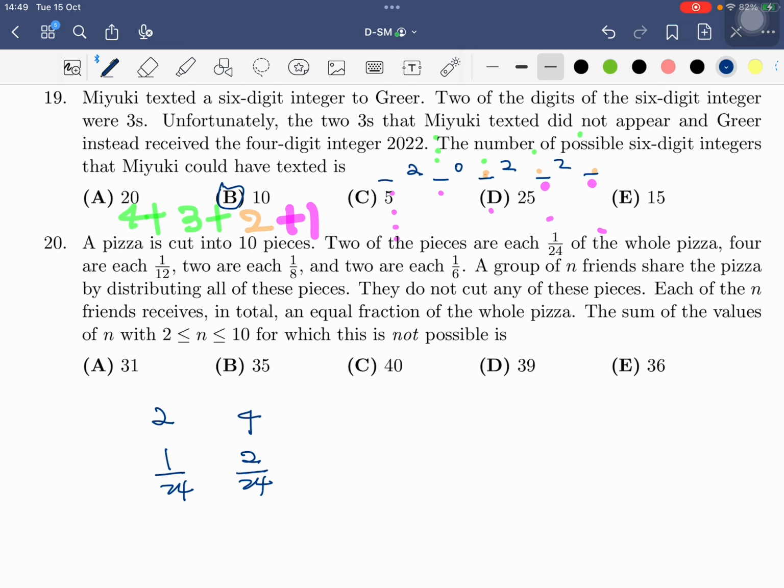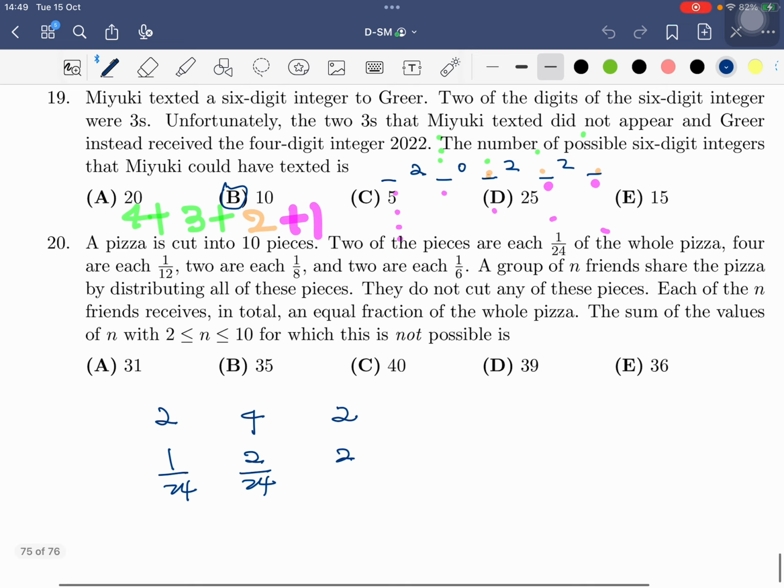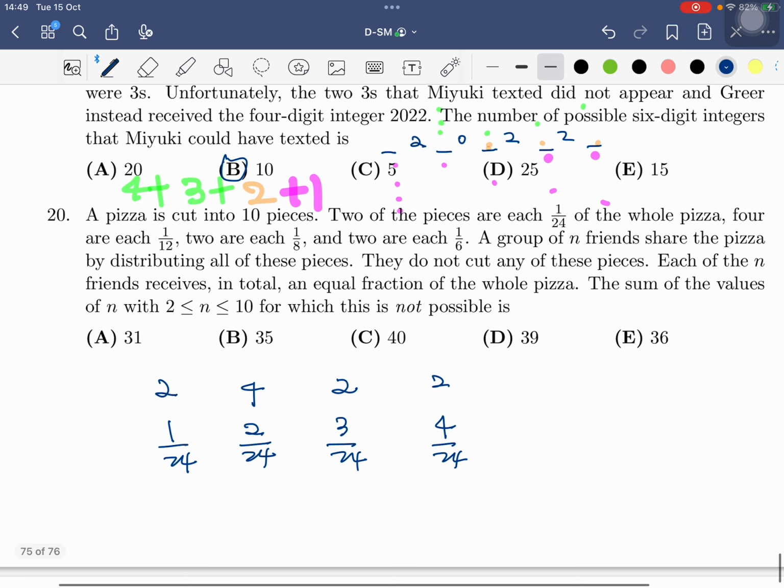And 2 are each 1 over 8, so 3 over 24. And 2 each, like a 4 over 24. So altogether this compares 1, so 24, 2, 8, 6, 8. Okay, so this makes it.